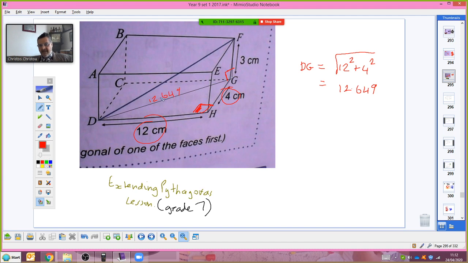So this length is 12.649. Now somebody else speak and tell me how to work out D to F. You're allowed to unmute yourself because I want to hear your voices. Don't chat to me. Don't chat to each other. What's the plan for working out D to F? Hamza, any ideas?